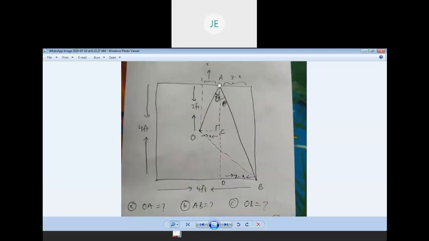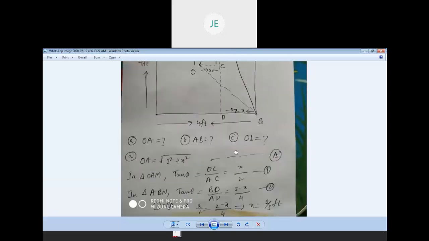Next, take another right angle triangle, ADB. Apply tan theta again: tan theta is equal to opposite by base, 2 minus x by AD, that is 2 minus x by 4. In both equations the left side is tan theta, so the right sides will also be equal.